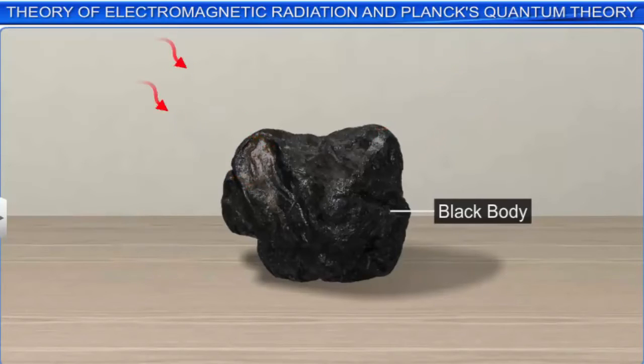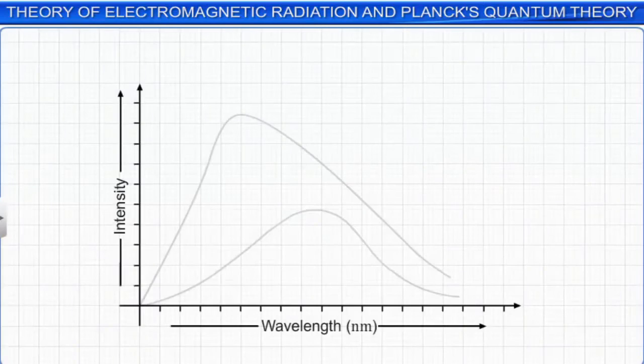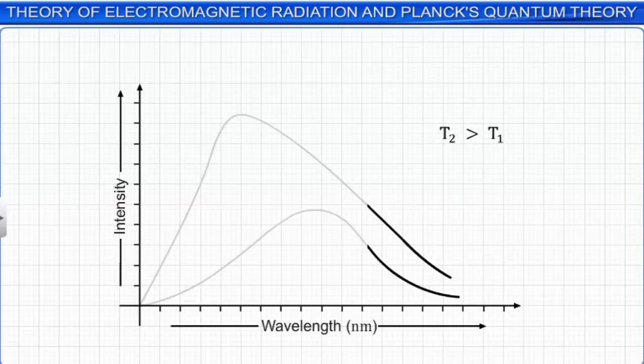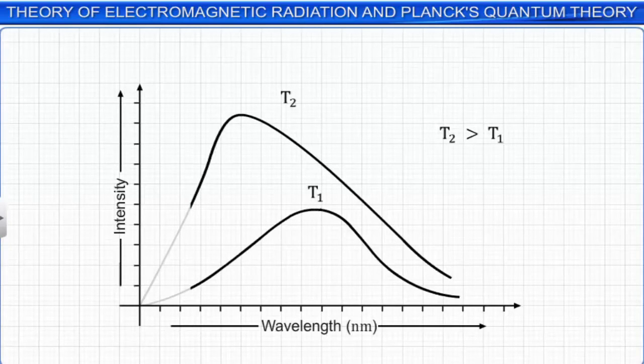A black body radiates the maximum amount of energy at a given temperature. Note that it radiates the same amount of energy as it absorbs. From the graph shown here, it is visible that at a given temperature, the intensity of radiation emitted increases with decrease in wavelength, reaches a maximum value at a particular wavelength, and then starts decreasing with further decrease in wavelength.